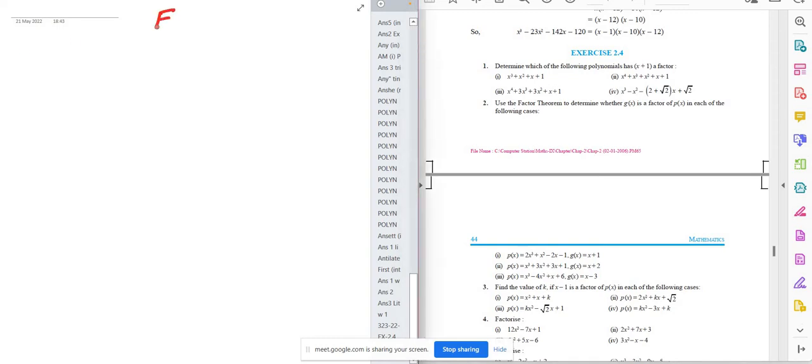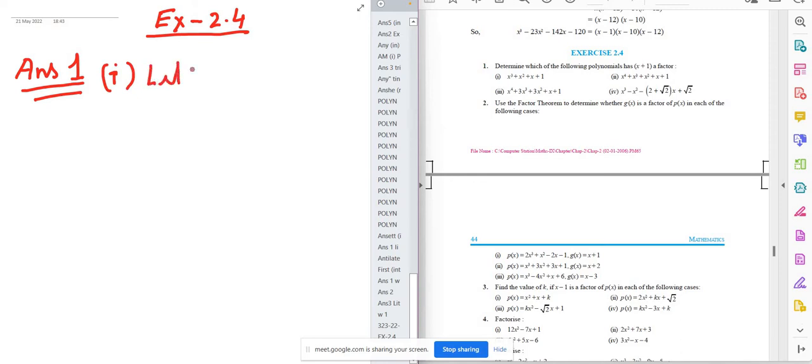So we are going to start exercise 2.4, answer 1. First one I am showing. So let p(x) equals x cube plus x square plus x plus 1.